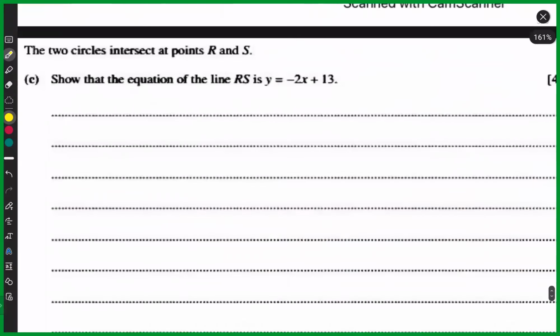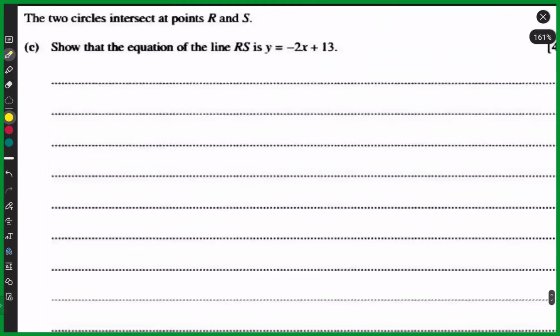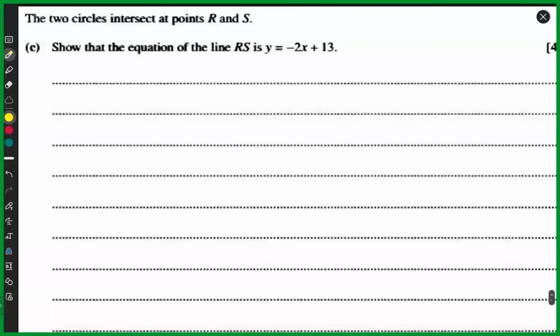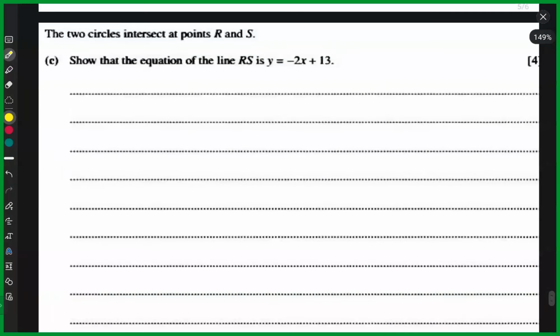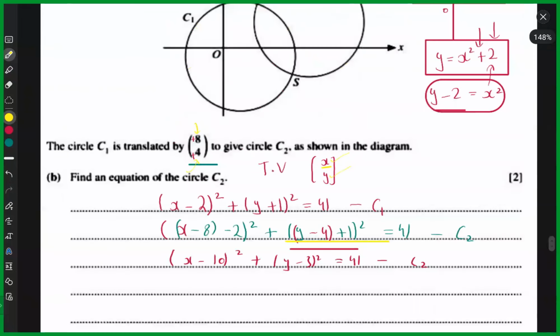Now the next part says, the two circles intersect at points R and S. Show that the equation of the line RS is y equals minus 2x plus 13. Now, let me just scroll up. Okay, that is certain. And that is obvious.